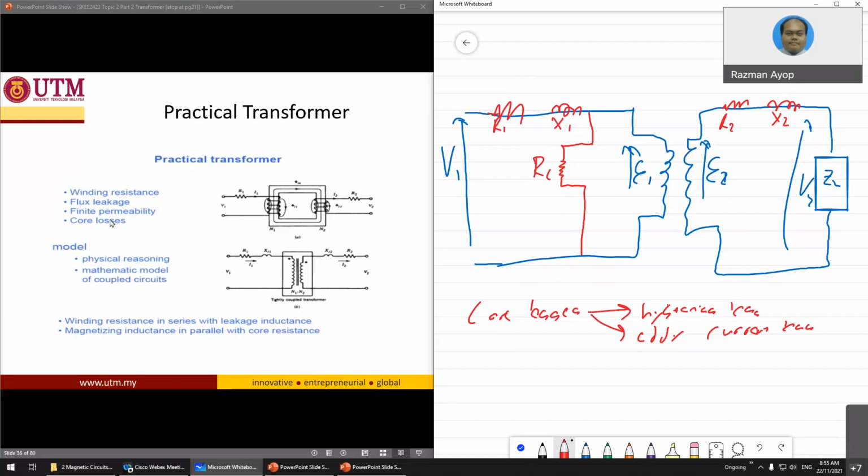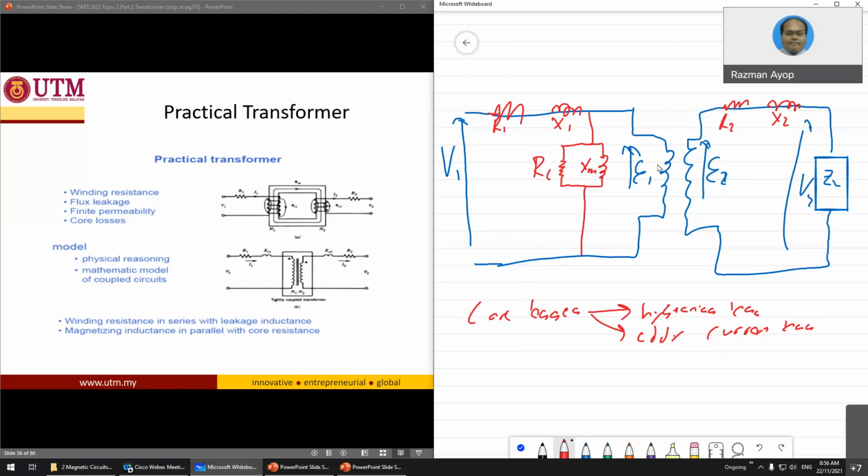And then you have a finite permeability. When you have the winding here in the primary winding, you actually need a certain amount of flux to start the system. So this one can become a loss. This is XM, the magnetizing reactance.